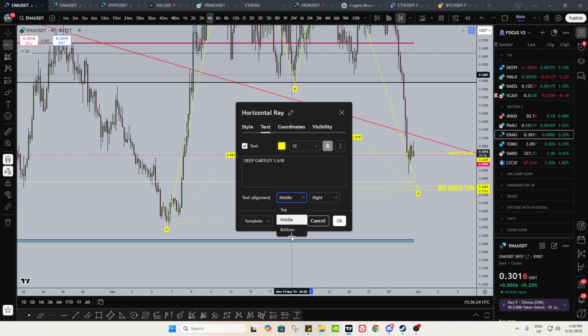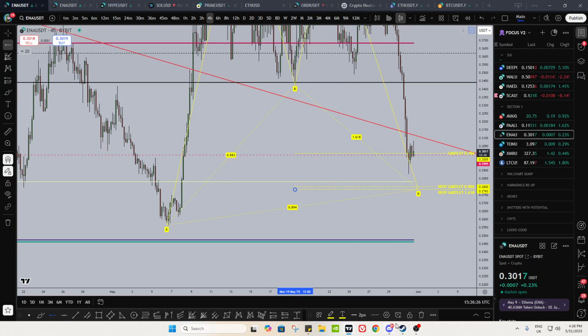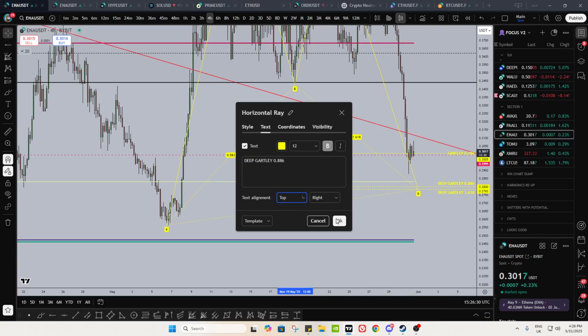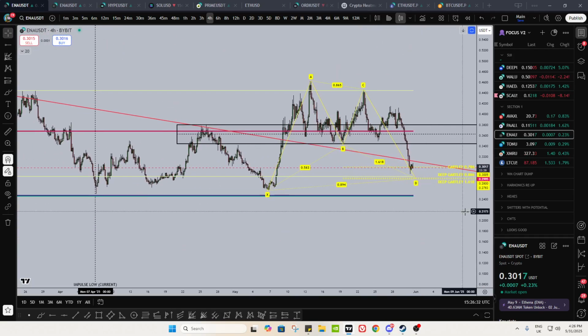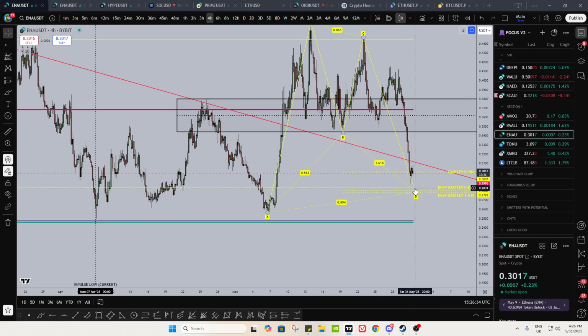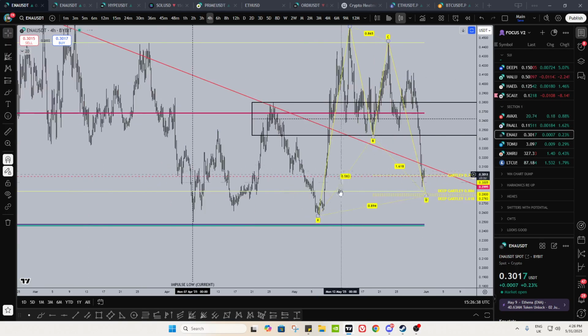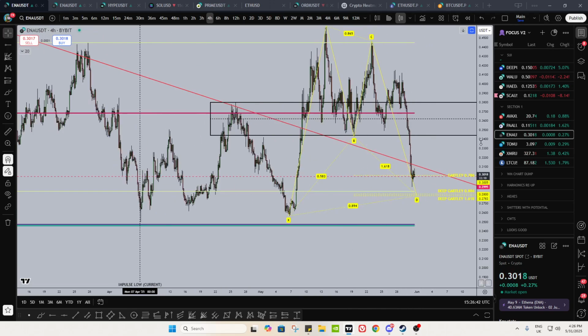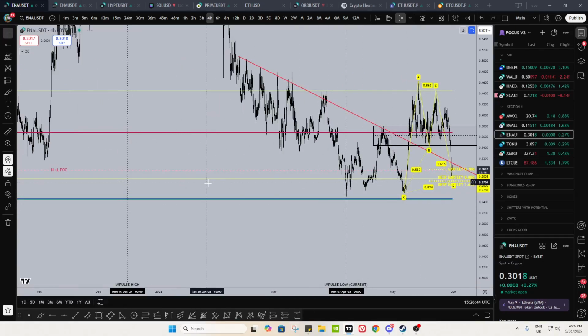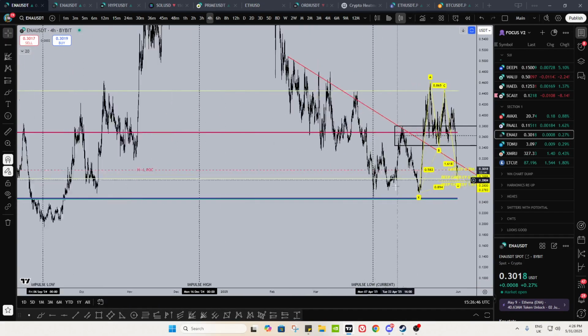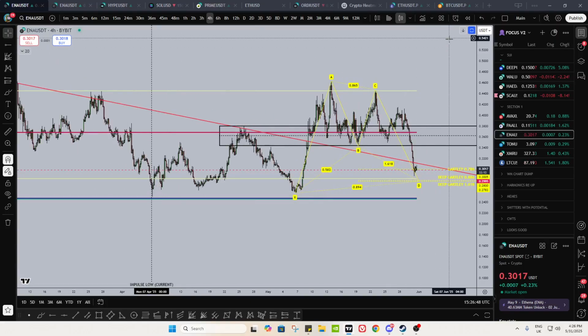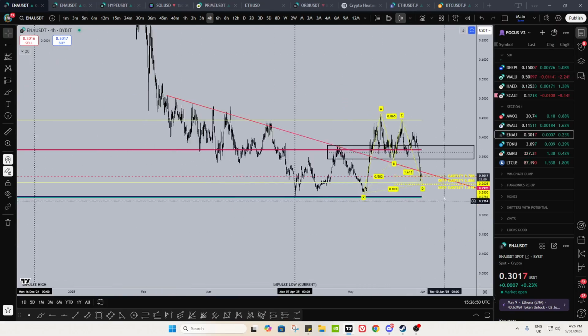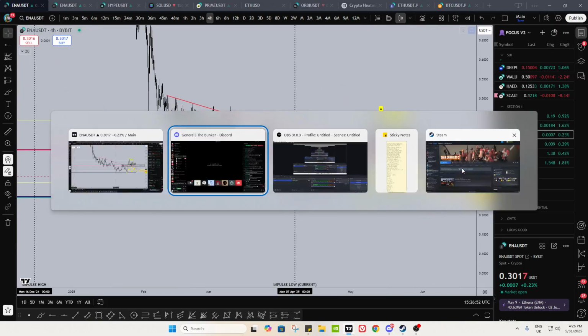Let me do bottom, and let me do top. So those are your PRZs for the Gartley. That'd be a tap of your 0.5 standard deviation value area low as well. So this is the level you want holding on ENA should you get down there. You've got historical confluence too, so as long as this holds, everything's good, and ENA can progress back to the upside. Yeah, so that's ENA.